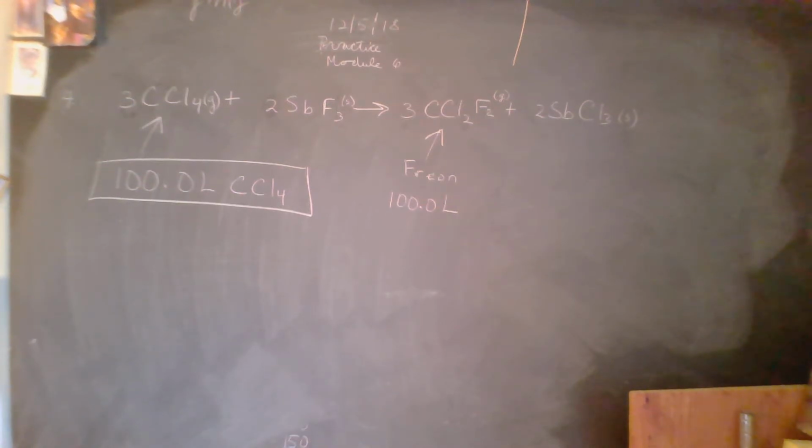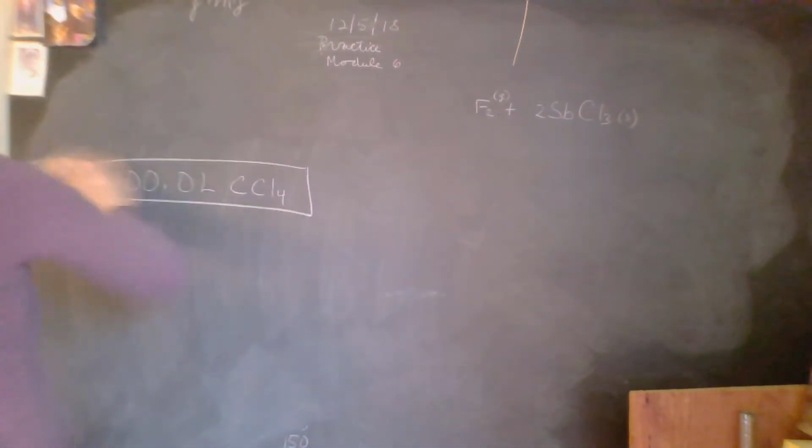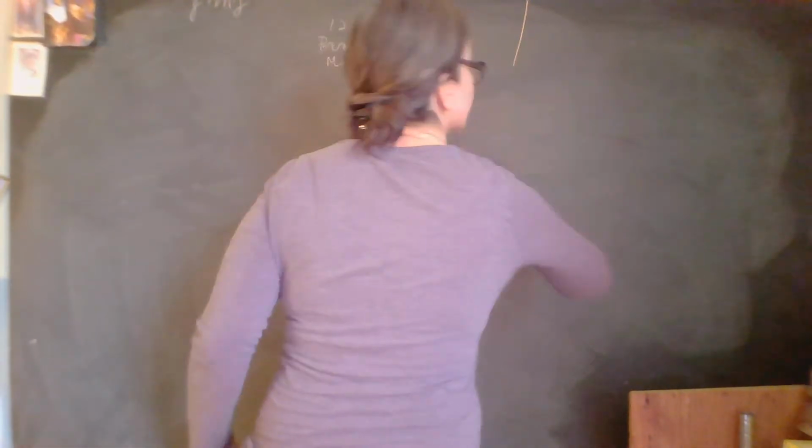Okay, let's look at number 5. Please read it. To make a phosphorus fertilizer, agricultural companies use the following reaction.